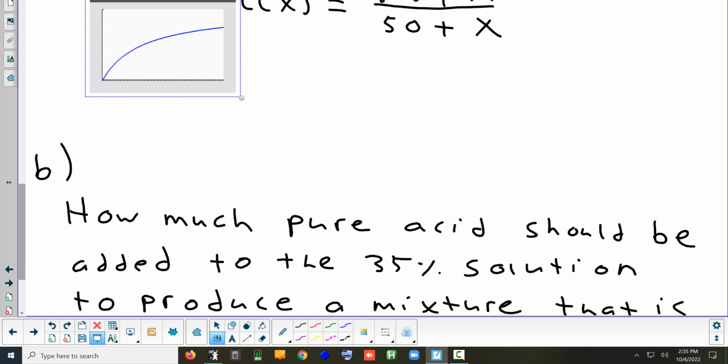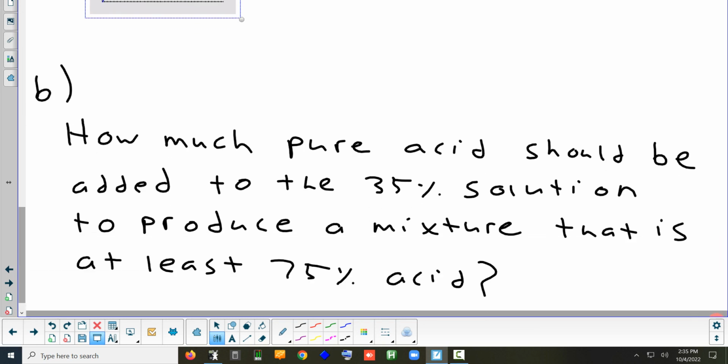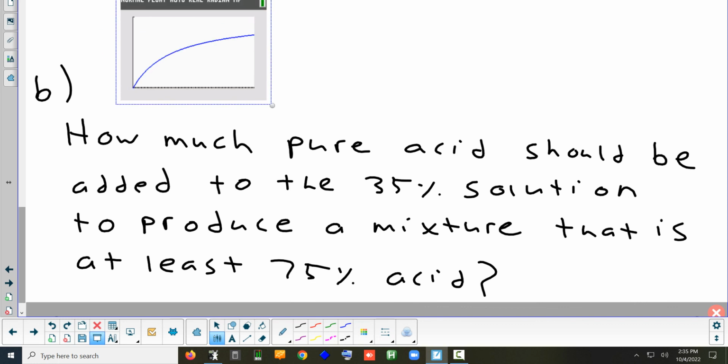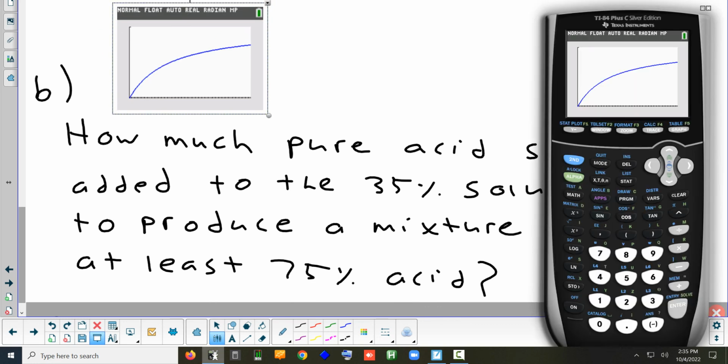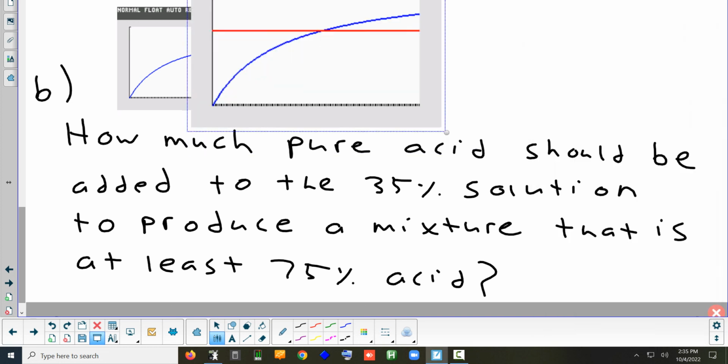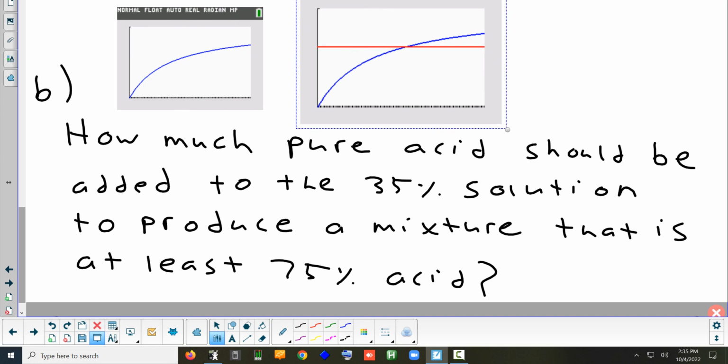And the last part says, how much acid should we pour in so we get a 75% mixture? So we're going to use the calculator. What do you think I would have to type in Y2 to put a line at 75%? 0.75. Now the answer to that question is right in front of us.